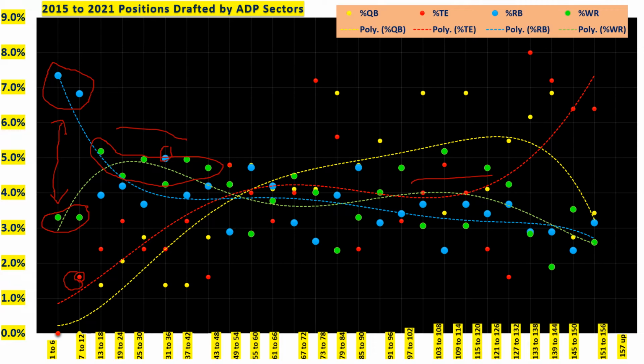I compare RB to WRs, and given these patterns, that seems reasonable.